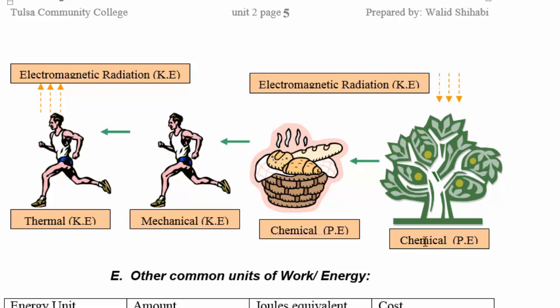The food has chemical potential energy. When we eat it, it will turn into mechanical kinetic energy that we can use to do work. And when we do work, we are losing heat, and this heat will be in the form of IR, which is infrared. So basically, the light that comes from the sun will eventually be converted to light as well, because infrared is a type of light.